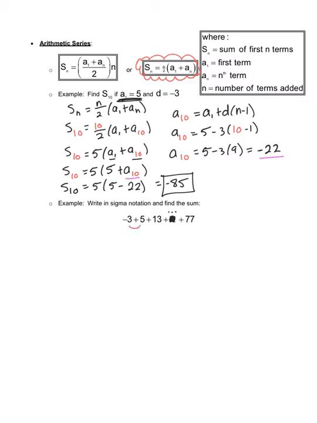So between these terms, what's happening? Well, to go from -3 to 5, I need to add 8. To go from 5 to 13, I need to add 8. So since I'm adding, this would be arithmetic.